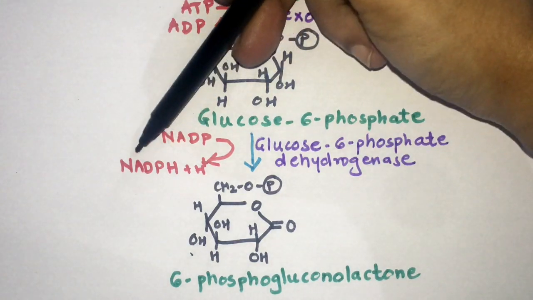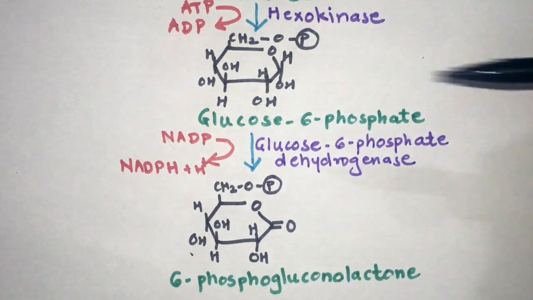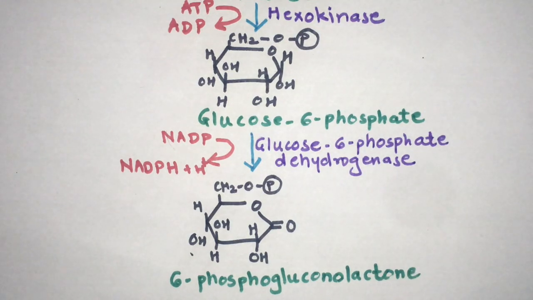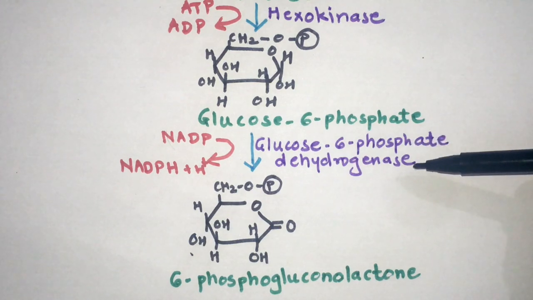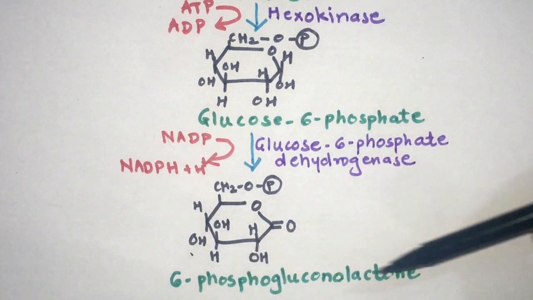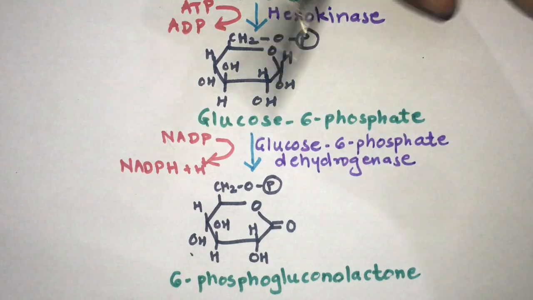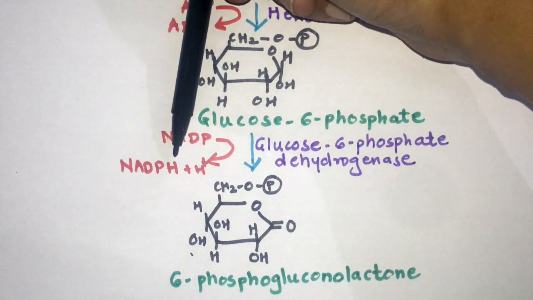This is the unique step of this ED pathway, as this does not take place in the glycolysis pathway. This enzyme is the key enzyme that is going to convert glucose 6-phosphate to 6-phosphogluconolactone. Also, the significance of this ED pathway is formation of NADPH.